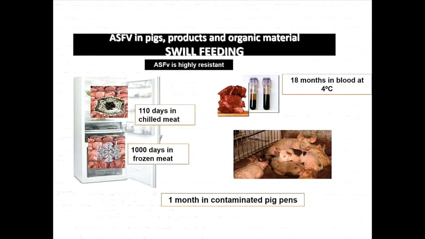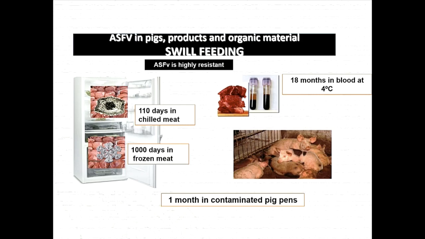Let's go further. Why is it so resistant, for example in swill feeding? Look at that. 110 days at 4 degrees. 1,000 days if the meat is frozen. 18 months in regular blood at 4 degrees. Or 1 month in a pig pen that is not well disinfected. So what does that mean?